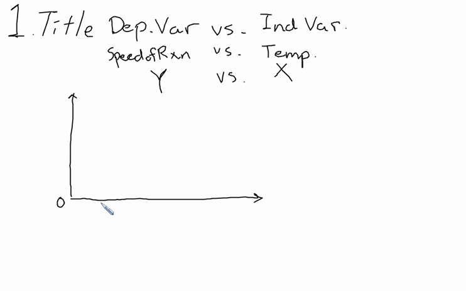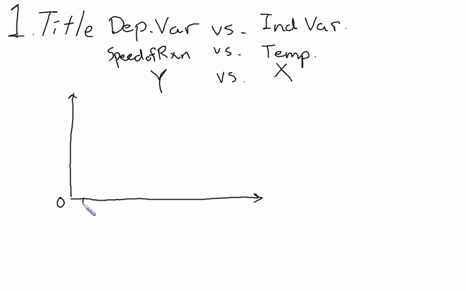All graphs must have some sort of scale. Whether you go by 1s, 2s, 5s, 10s, 0.1s, whatever the case might be, always have a scale.